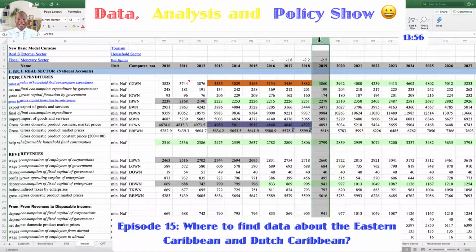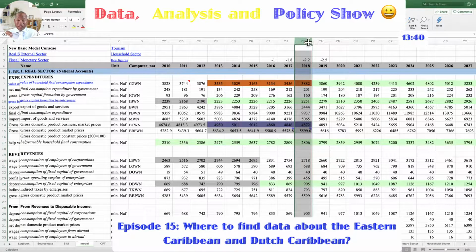Next year in 2020, this data will become more official. But right now, for the data for 2018, the Central Bureau of Statistics, the national organization on each island which produces some of the data, will make this data available.